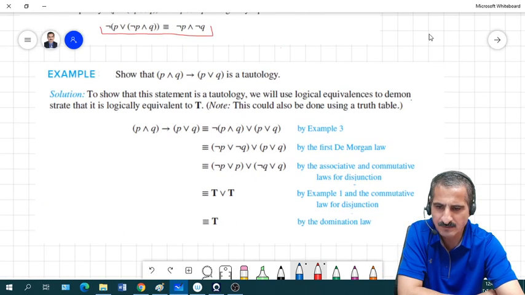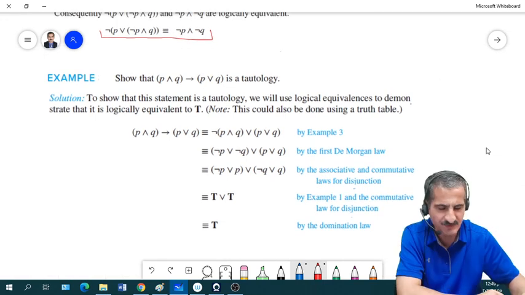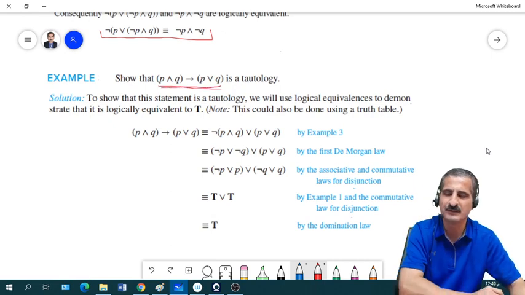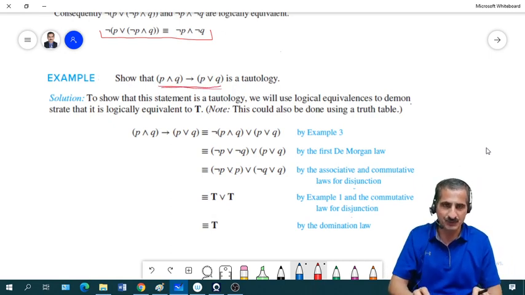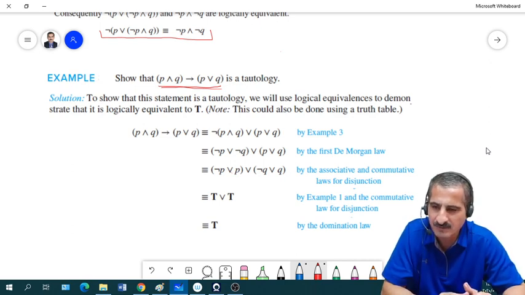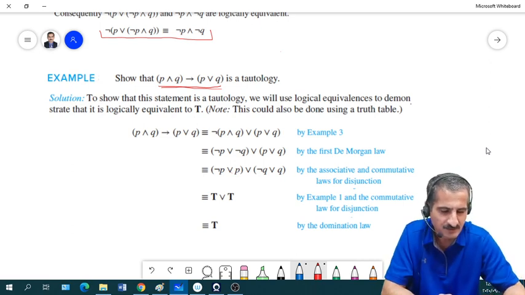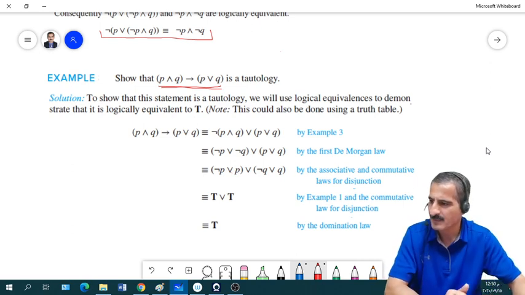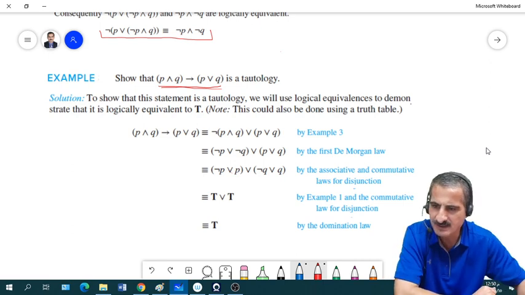Now, one last thing here is to prove this is a tautology, which is a statement whose values are all true. We will not do it using a truth table. We will prove it using the equivalences we learned. Okay, let's see what we do here.